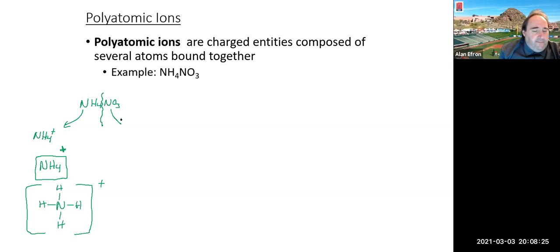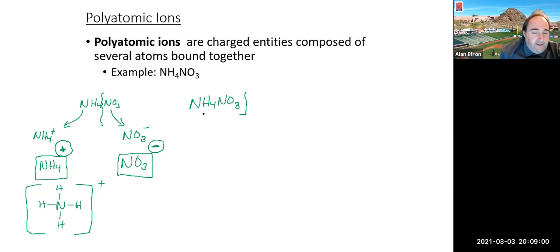They are sharing electrons with the nitrogen, and that entire thing has a +1 charge. That's why it's an ion, but it's sharing electrons here, which is what makes it interesting. This is nitrate, NO3 minus, that one nitrogen and 3 oxygens, just like the other guy, sharing electrons. They are bound together, and the entire thing has a -1 charge. So when we put this together, this has a +1 charge and this has a -1 charge, so we just need one of each. Just like an ionic compound, in this case, we just need one of each.